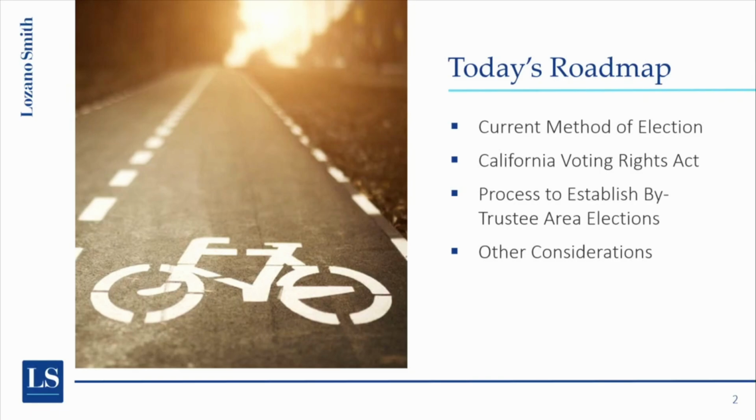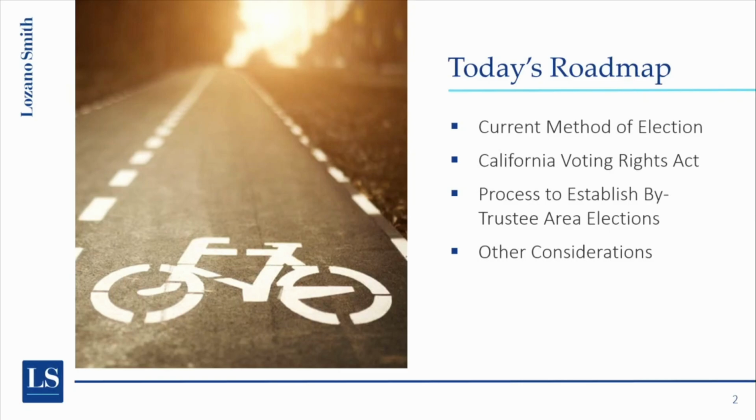So what we'll talk about first is the election method you're using. What are the options to elect board members for school districts in California? We'll talk about what the California Voting Rights Act is, its purpose and intent, which is what brings us here tonight.